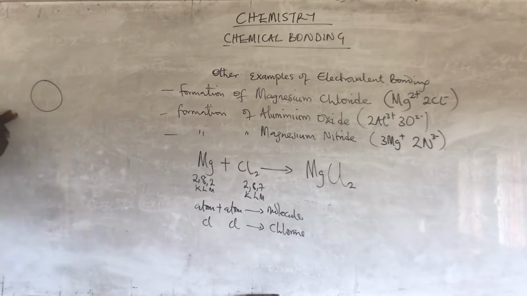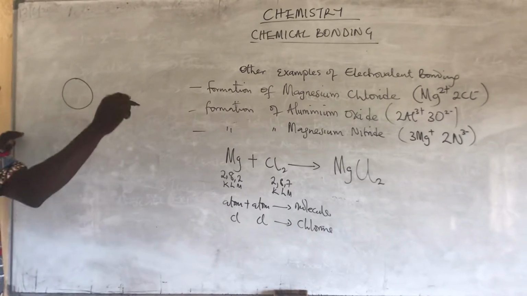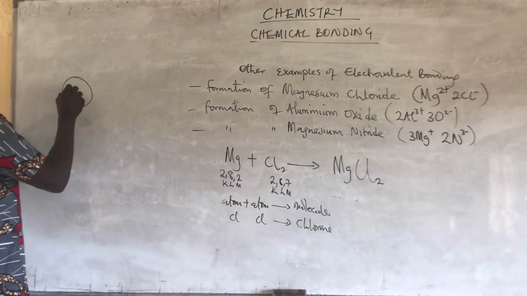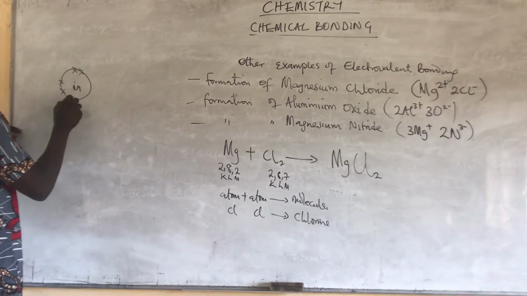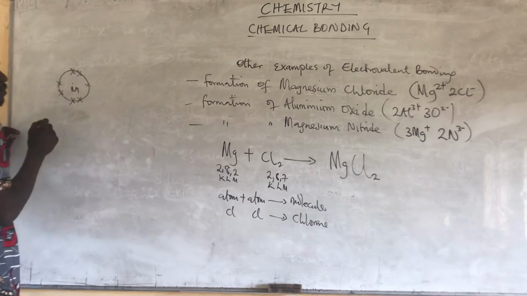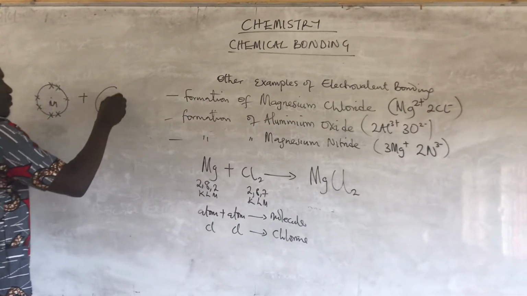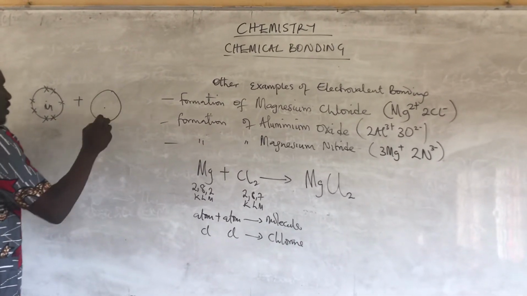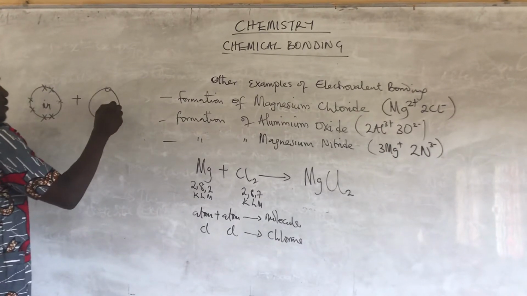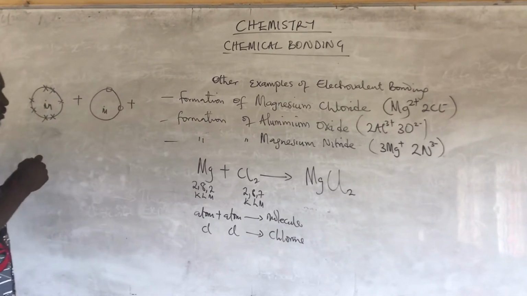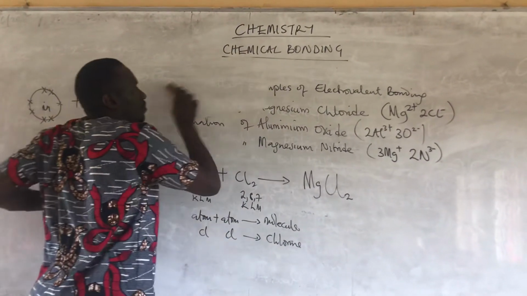Let's start with the first chlorine atom, which is having 287. So we are dealing with the shell M: 1, 2, 3, 4, 5, 6, 7. Plus the magnesium atom, dealing with the shell M also, 1 and 2.